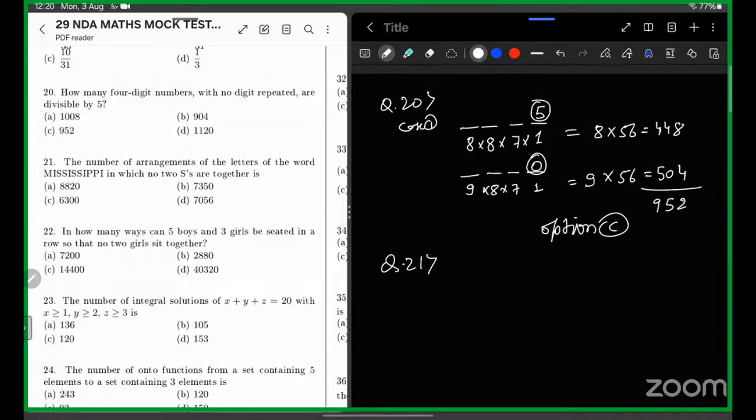Question 21. The number of arrangements of the letters of the word in which no two S are together is what?